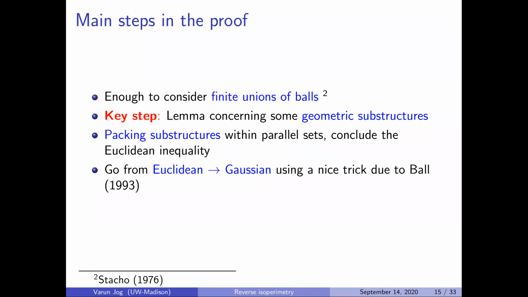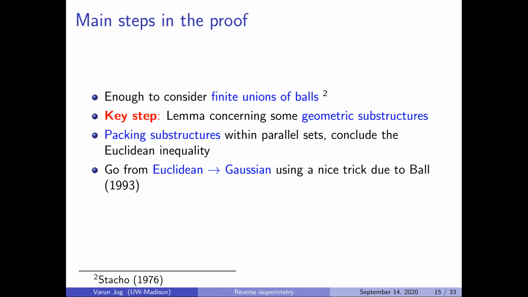So Varun, I have a question actually. What you're bounding from above is the surface area of the parallel body instead of its volume. Is that correct? Right, I'm bounding the surface area of the parallel set in terms of the volume of the parallel set. Okay, so that's a little different from what one might naively think of as the reverse isoperimetric inequality, right?